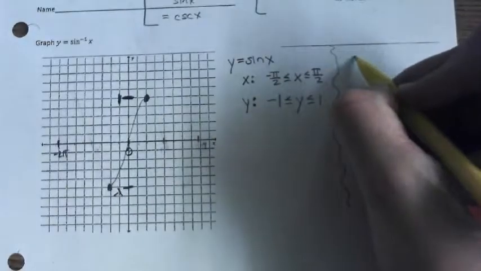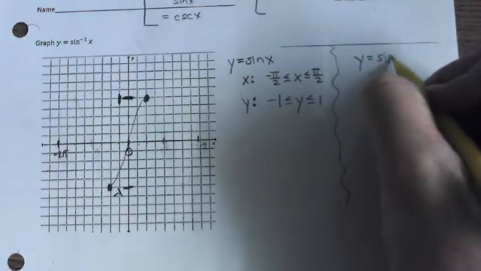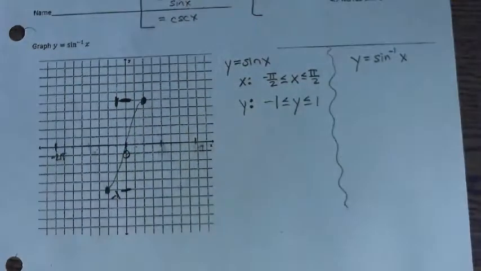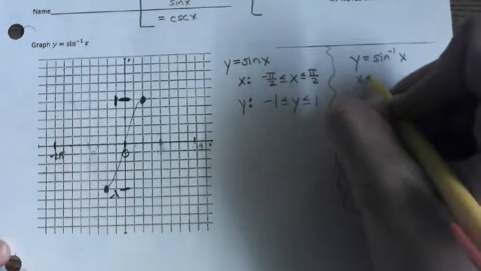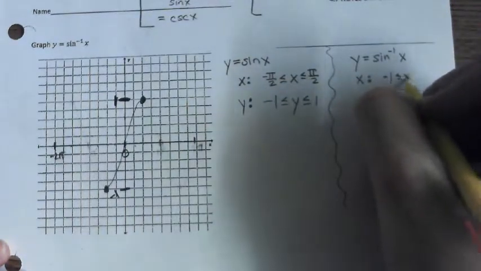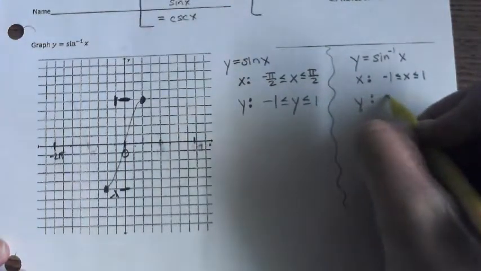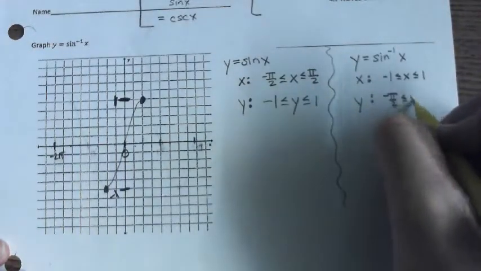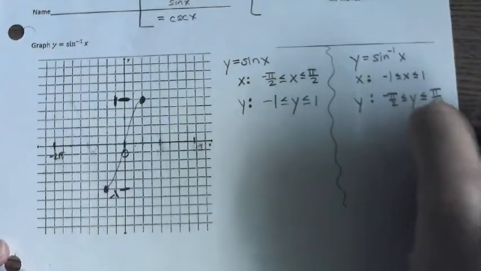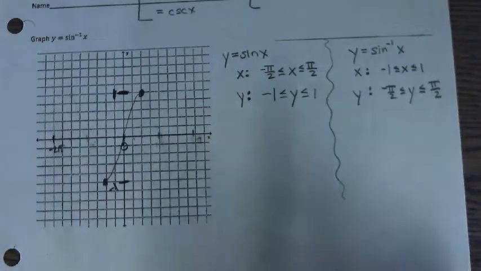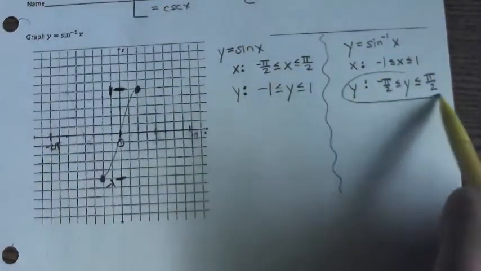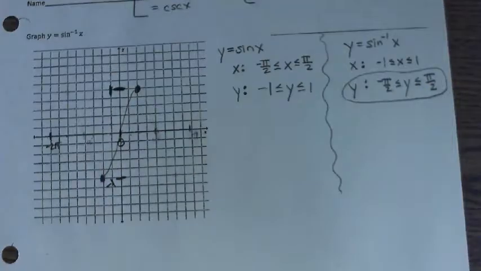So when we go to graph the inverse function, what's our domain? Negative 1 to 1, because they flip-flop. And what's my range? And this here is the big reveal that we'll keep coming back to.